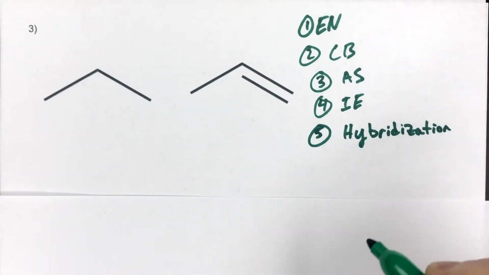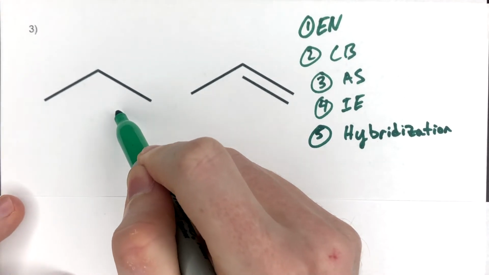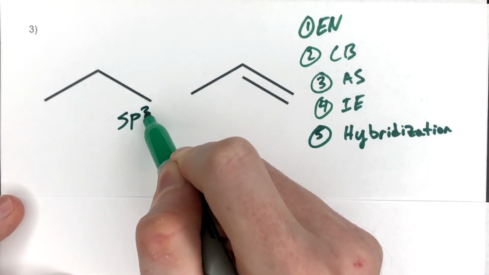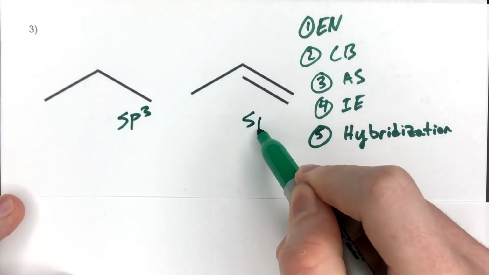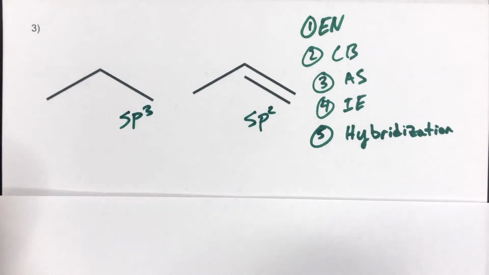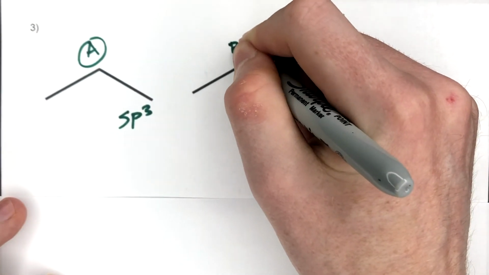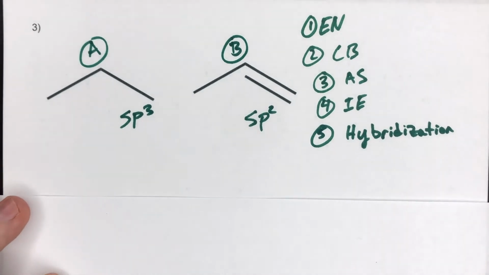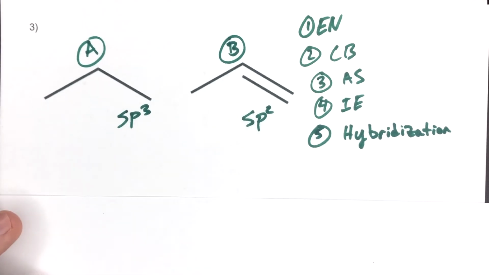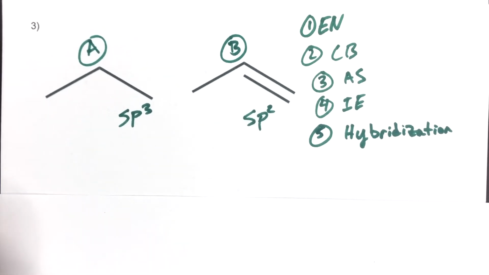Okay, so if we look at our first molecule, the alkane, they're all sp3. There are sp2 carbons in the alkene. So now let's call this A and this one B. Now we know from our factors that increasing S character will increase the acidity of the proton involved or near that increase in S character.